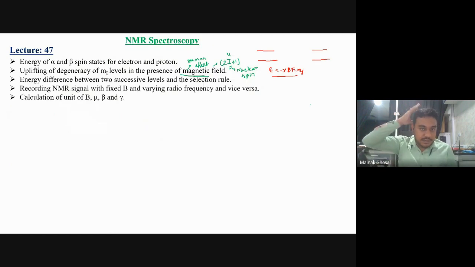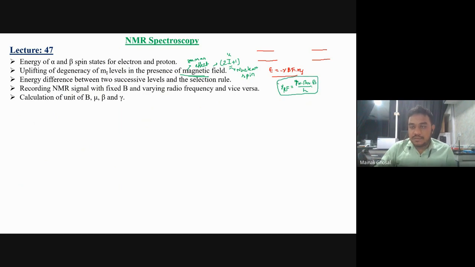So the energy difference and the selection rule were also discussed here. Then a formula was given showing that for NMR you need a radio frequency, and the radio frequency is related by this relation: Gn beta n into B by h.